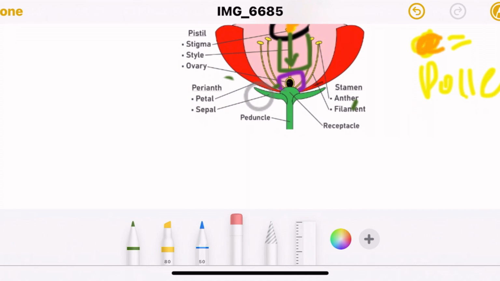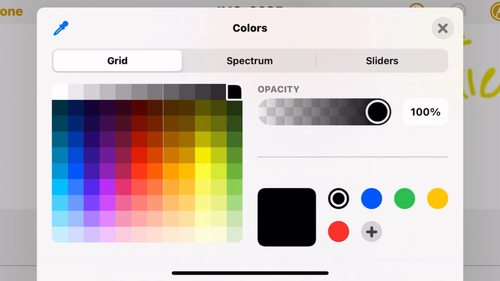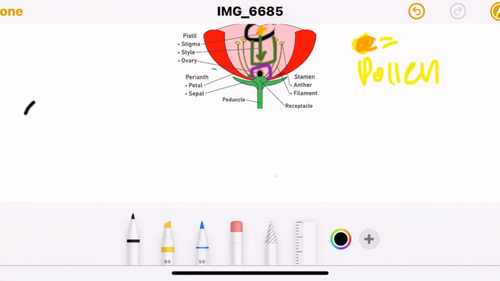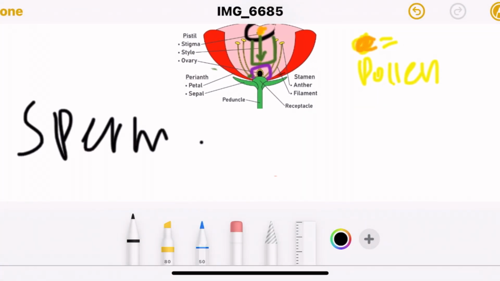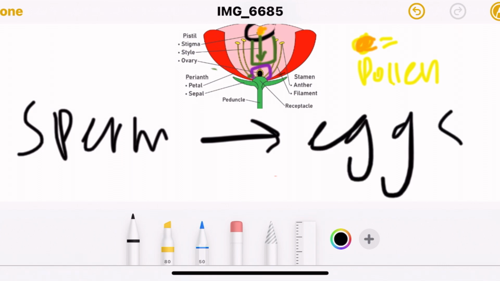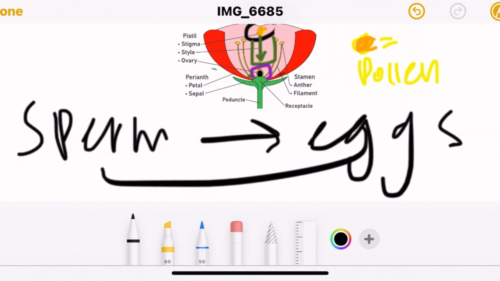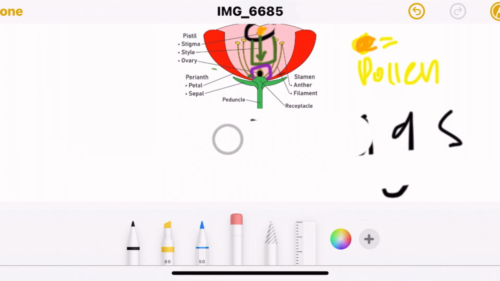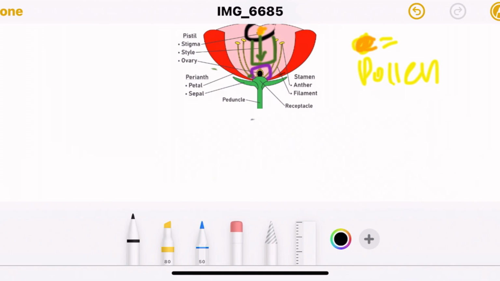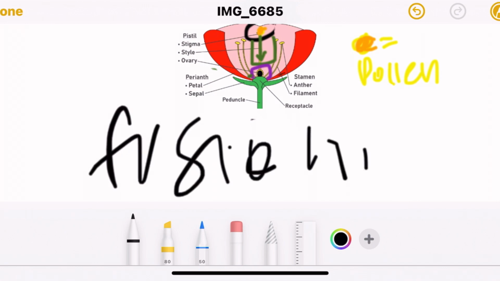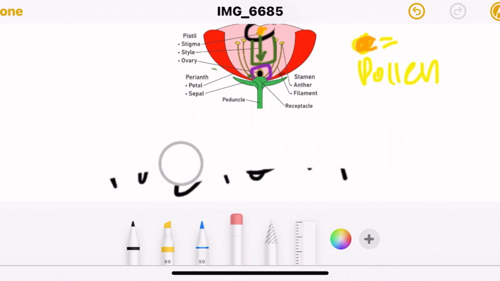The pollen has to reach the ovary for the fusion. Just like in humans, the sex cell, the sperm, has to reach the eggs, and then fusion takes place. Likewise, the pollen grain has to go to the female sex cell for fusion to take place, the fusion of nuclei, which helps in reproduction.